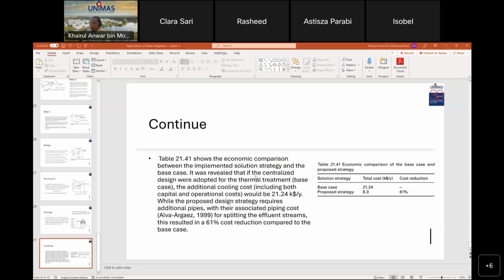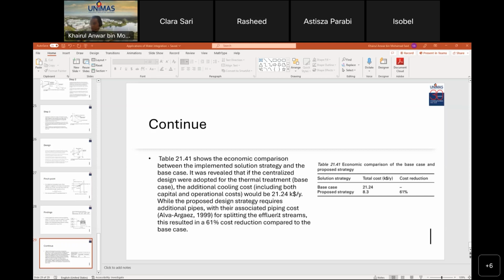It was revealed that if the centralized design were adopted for the thermal treatment, the best case, the additional cooling cost, including both capital and operational costs, would be 21.24 k$ per year, while the proposed design strategy requires additional pipes with their associated piping costs for splitting the effluent stream.